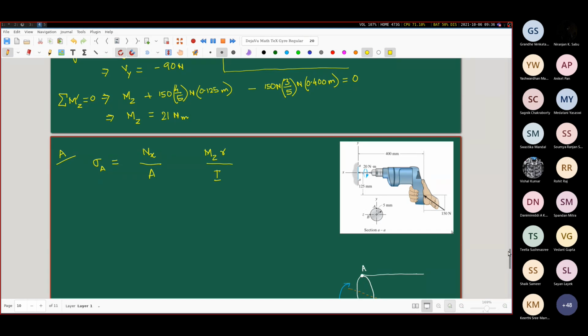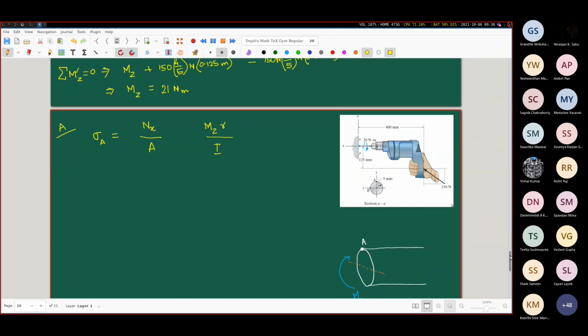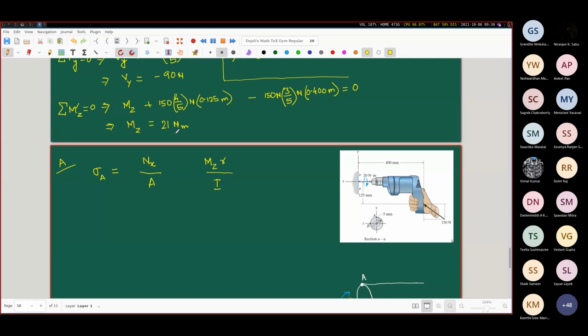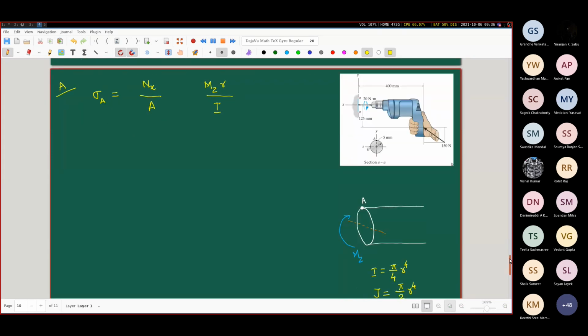So you tell me that MZ value was coming out as 21 Newton meter. But remember that the MZ was oriented like this. With a positive MZ, this is the thing. So what do you think point A will be under? Whether it will be under tensile stress or under compressive stress due to this flexure MZ or due to this bending moment MZ? Compression. Okay.